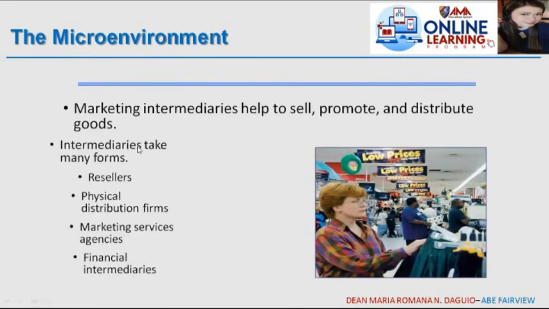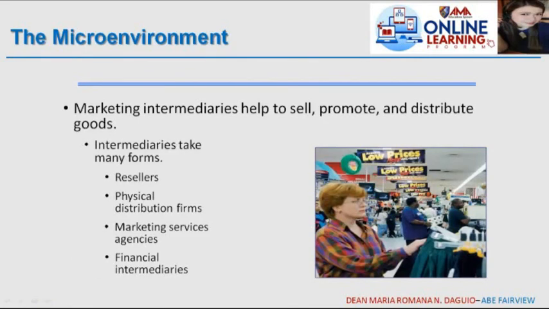Okay. So still under the microenvironment, class, we have here the marketing intermediaries that help us to sell, promote, and distribute the goods that we produce. So who are those intermediaries? That can be in the form of resellers, physical distribution firms, marketing services agencies, and financial intermediaries.